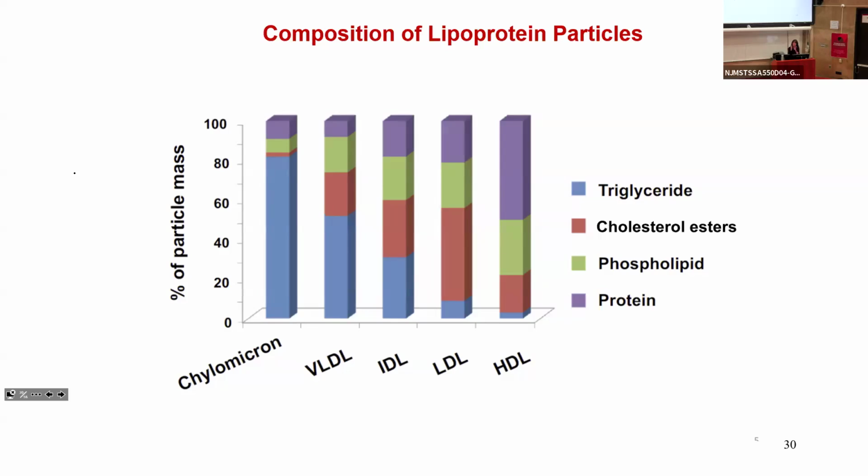This is what's occluding and narrowing arteries. So that's why LDL cholesterol is really considered a problem, because this is how cholesterol esters are getting out through the body. And when we look at what has the most of something, HDL has the most protein, and is really more minimal in terms of cholesterol esters and triglycerides.